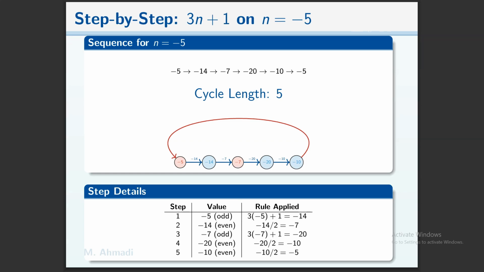We enter -7. -7 is odd, then the result is -20. We enter -20, which is even, then we enter -10. -10 is even, then we enter -5. So for -5 we have a cycle, a cycle with 5 steps.